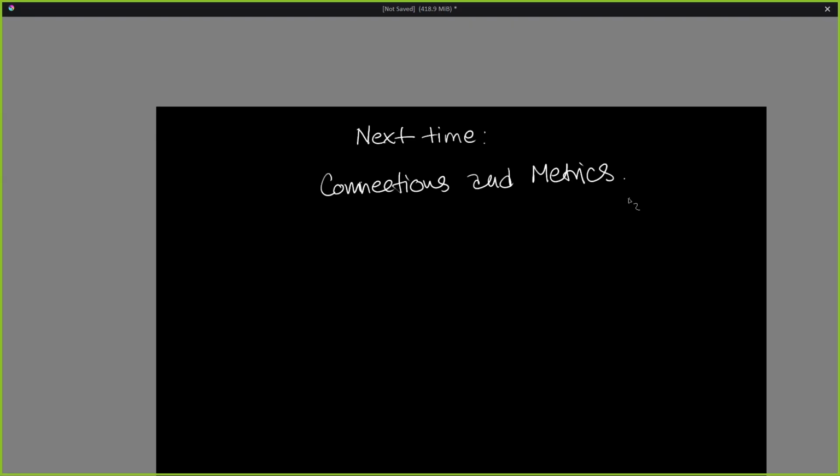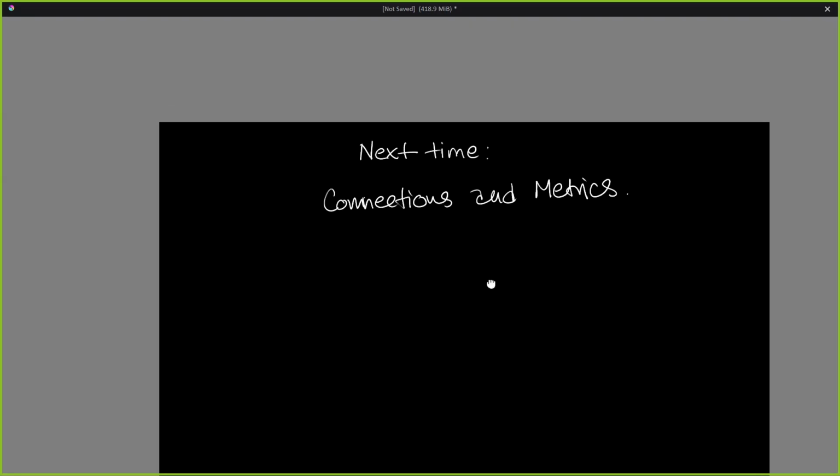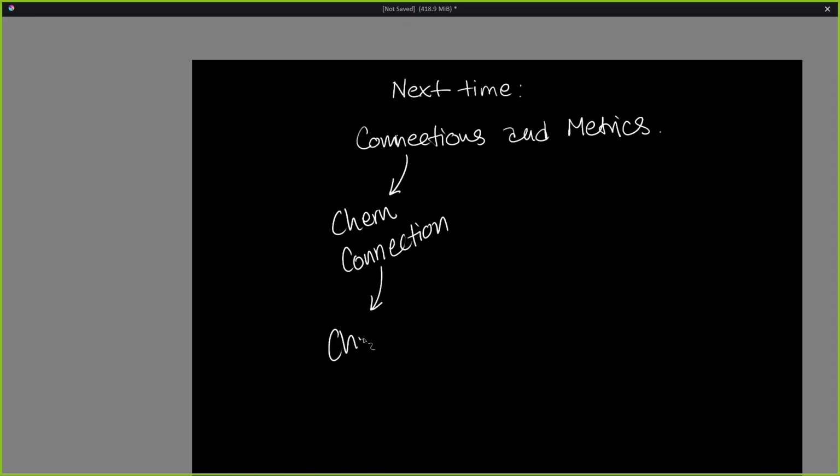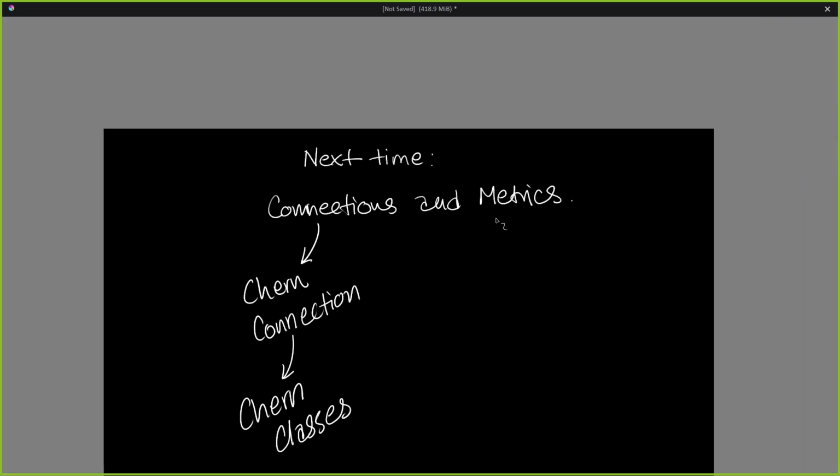So now we're in the phase where we're going to be talking about all of this stuff, which is going to be important because we're going to need a Chern connection. And from there, we're going to get these things called Chern classes. And we're going to have Hermitian metrics, which are going to be needed. Both of these things are going to be needed for Kähler manifolds.